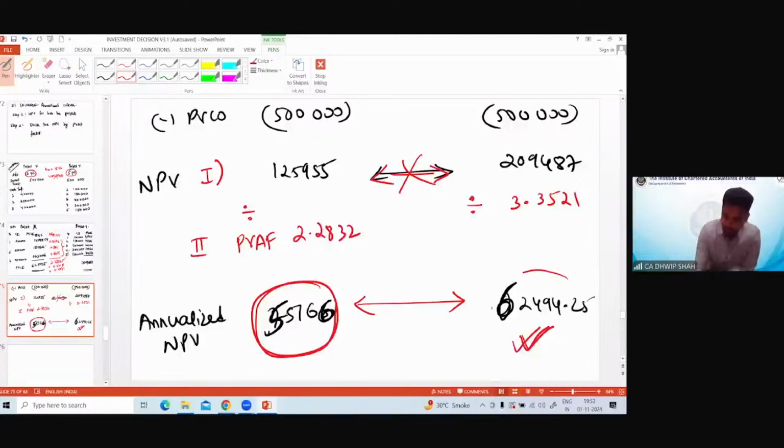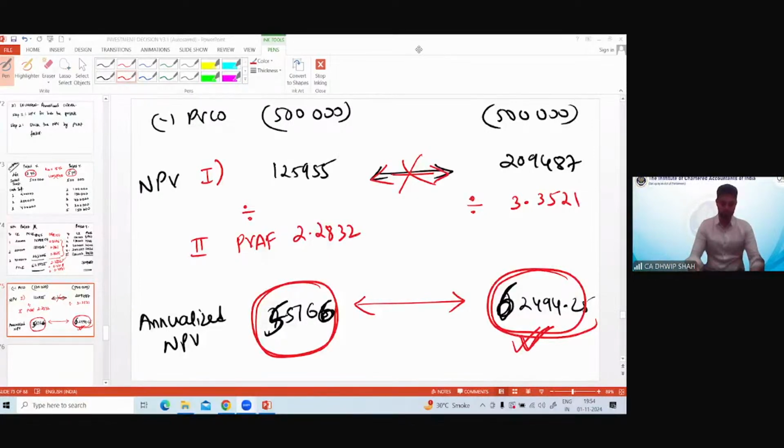And project Y's NPV on an average every year would be somewhere around 62,000. Okay, this is how you make the projects comparable when life is different. Understood? So we have also learned to solve the problem of unequal life using two different methods, replacement chain method and equivalent annualized criteria.